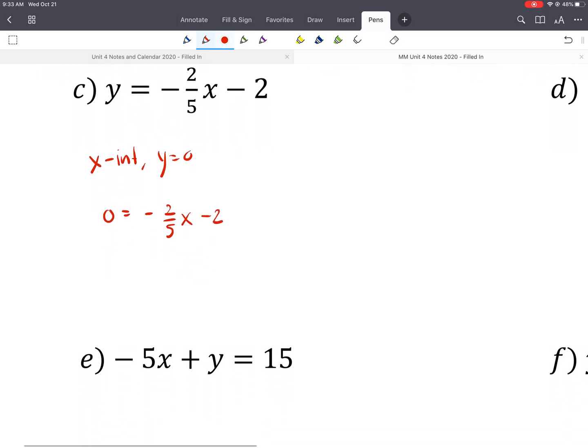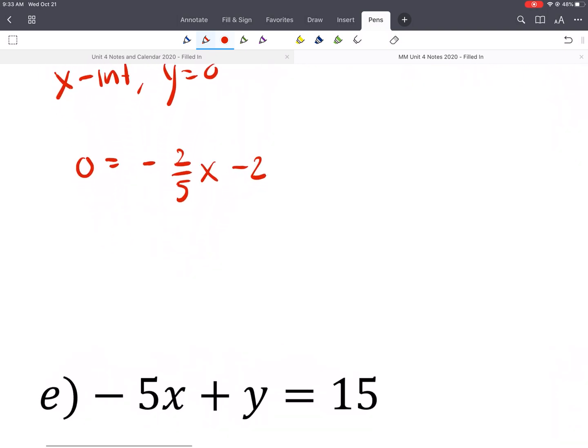And we need to solve for x. So again, we do the opposite of PEMDAS, or you want to take off the things that are the furthest from x. Okay, so here we'd want to add 2 to both sides. 2 is equal to negative 2/5 x.